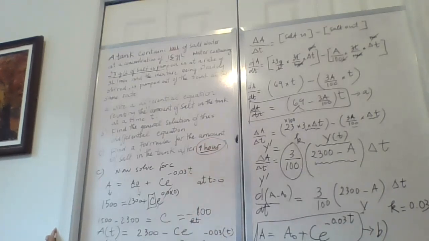Will be equal to this, minus 800 E to the minus 0.03 times 60. T substituted by 60. So how much do we get?